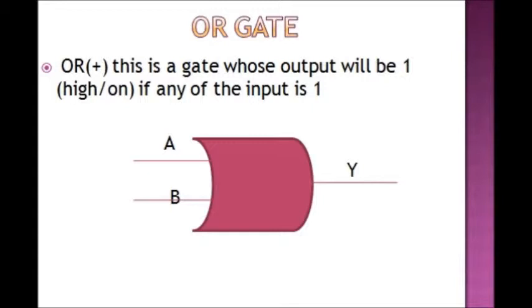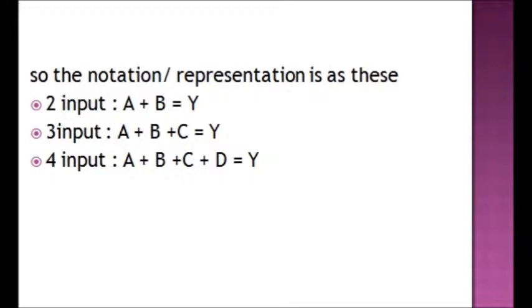Are we together? Fine. But what's the minimum input? The minimum input is 2, but definitely not 1. Definitely not just A, but we could have A and B to give our Y. And of course, it has a representation. How is it represented? For 2 inputs, we have A plus B. For 3 inputs, we have A plus B plus C.